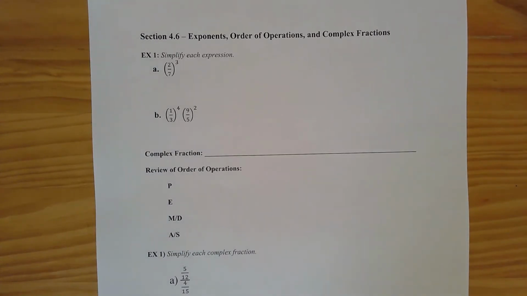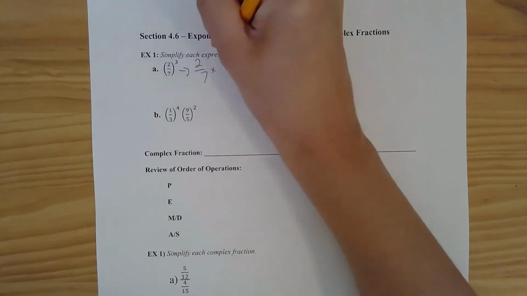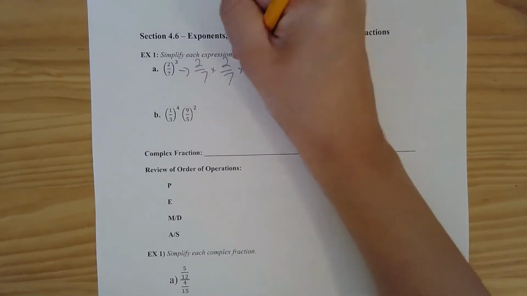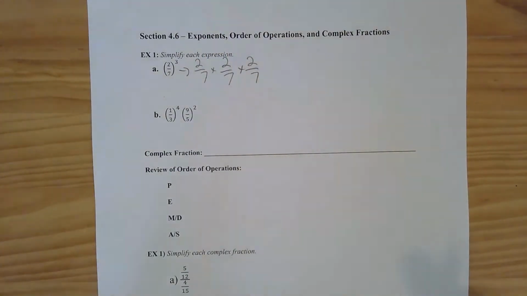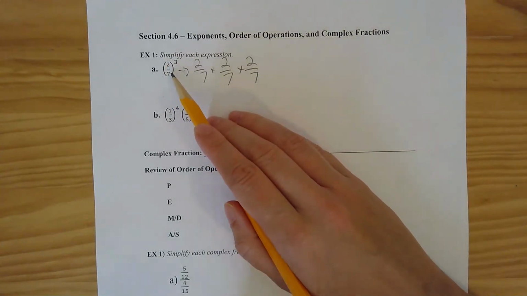In example 1, it's just exponents with fractions. So I've got 2/7 raised to the third power. What this means is 2/7 times 2/7 times 2/7. It's the fraction 2/7 multiplied by itself 3 times. Nothing simplifies, which is not surprising because 2/7 was already simplified.